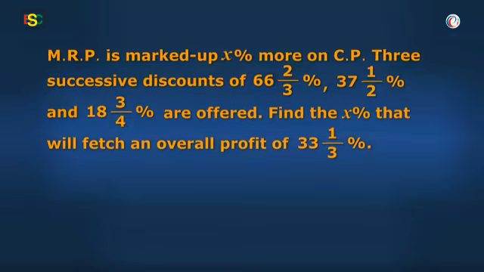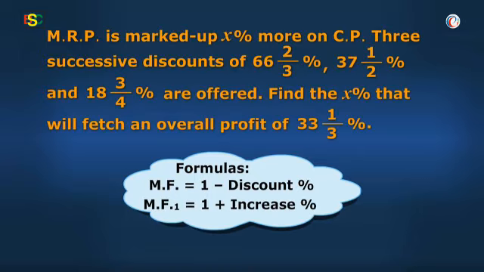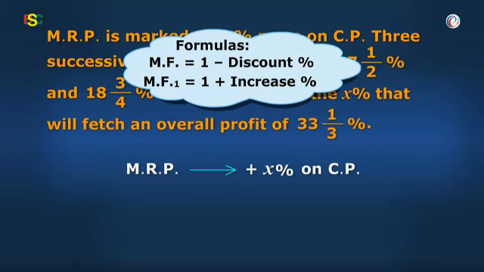Also, we know either MF is equal to 1 minus discount percent, or MF is equal to 1 plus increase percent, and since the product is marked plus X% on cost price, MF1 will be 1 plus X by 100.